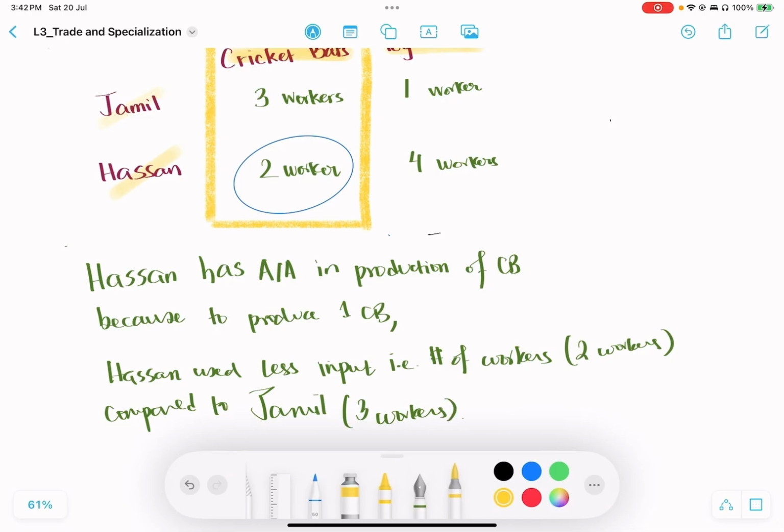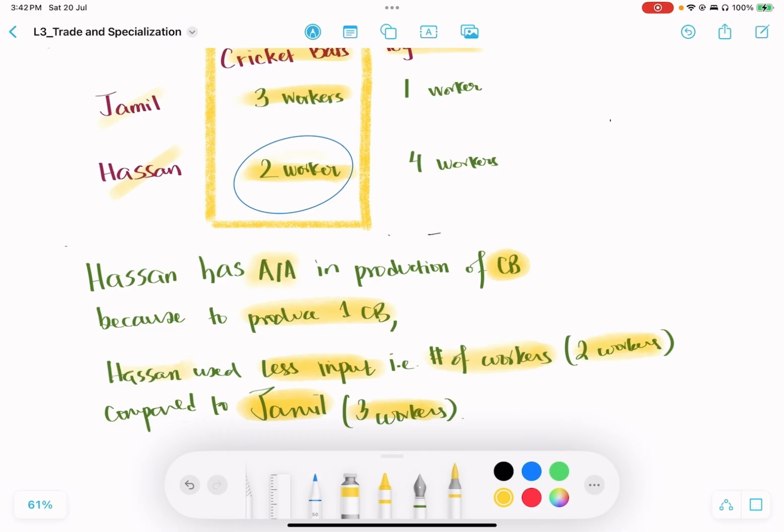Again, notice, the answer is telling us that Hassan is the one who's got an absolute advantage in the production of cricket bats. And what's the reason for that? We are saying that to produce the same output, that is 1 cricket bat, Hassan uses less input than Jamil. And then we specify what the input is, the number of workers, and we clearly make a reference to our table: Jamil is using 3 workers, but Hassan is using 2 workers.